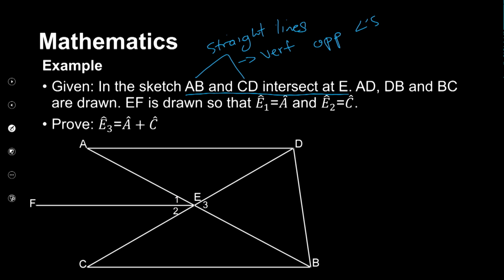You can also talk about adjacent angles on a straight line, which is just revision of things that you know, right? You can only think about these things based on the fact that I'm telling you that AB and CD are straight lines that are intersecting at E, right?